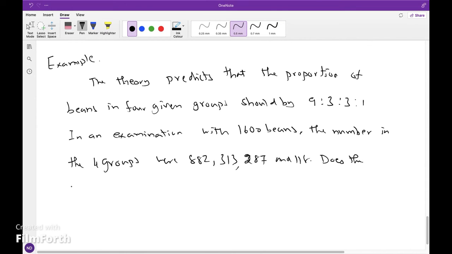Does the experimental result support the theory?